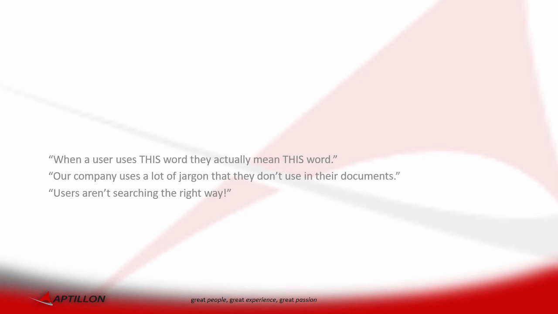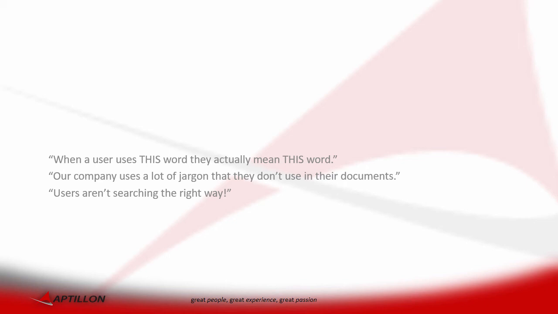In this next example, we want to do a swap. When a user searches for this word, they actually meant this other word. Or you work in a company where they use a lot of jargon, but that jargon doesn't show up in the document. So the TPS report isn't called a TPS report, or at least the letters TPS aren't found in it. Again, this comes back to our searchers, our users aren't searching the right way.